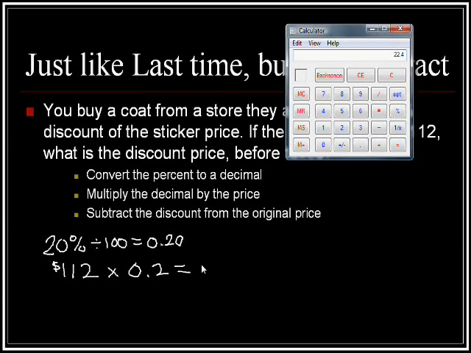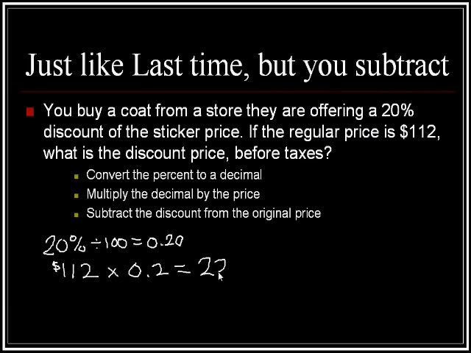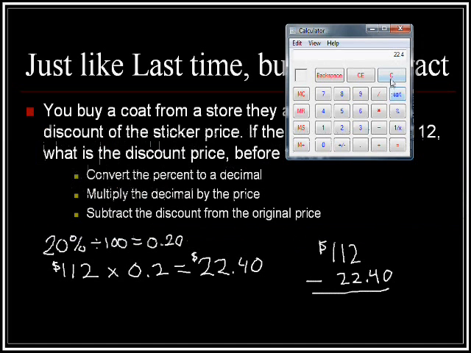And so what we're going to do this time, we're subtracting this from the original price. So I'm just going to do this over here. I have $112 is my original price minus 22.40. $112 minus 22.40 equals $89.60.